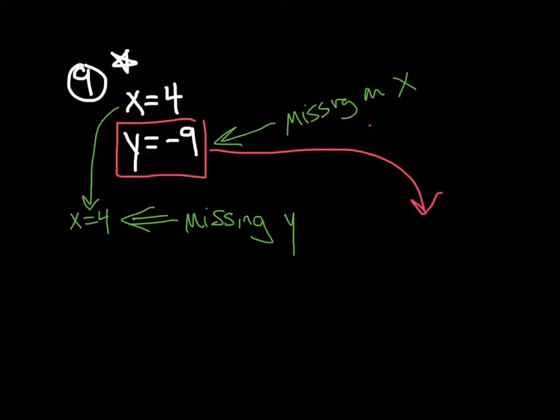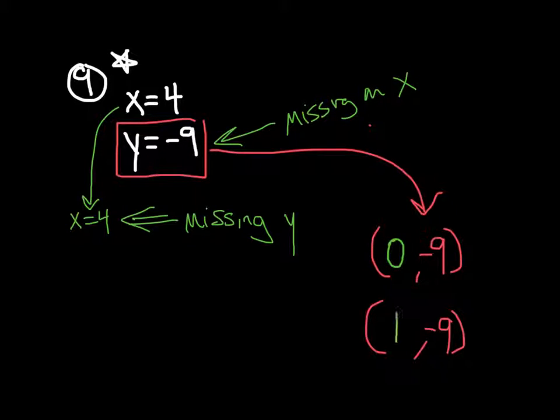If we wanted to, all we need are 2 points to graph these lines. So for this one, we need 2 ordered pairs, and it's easy enough. We know y is equal to -9, so as long as in our 2 points, y is -9, it does not matter what we put in for x. So you might just choose 0 and 1, and then you're done. You just have to plot both of those points, and that's your line there.